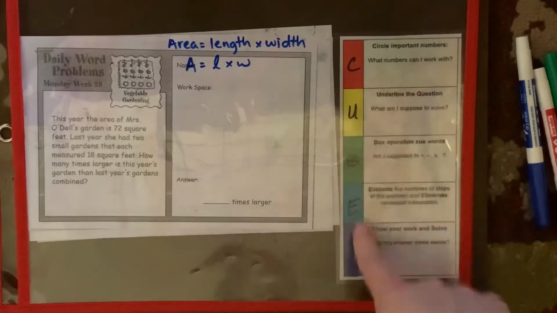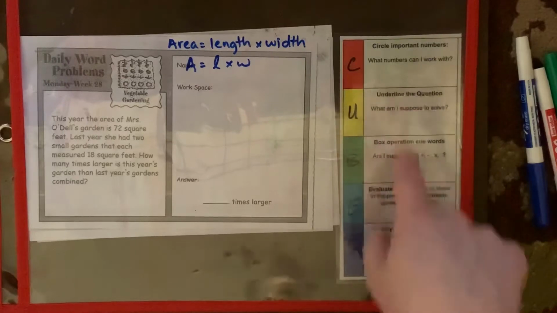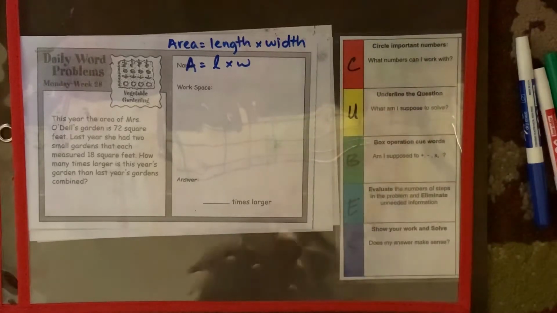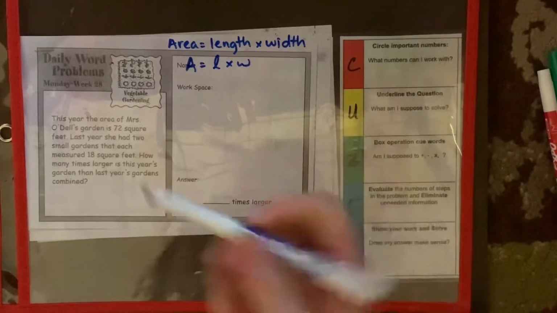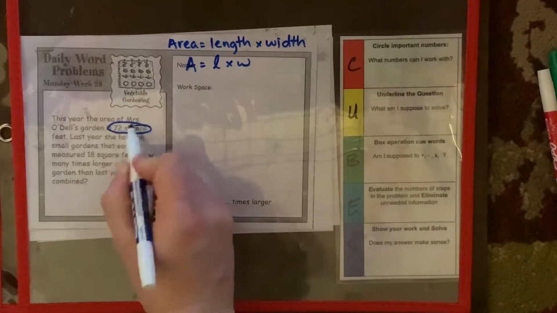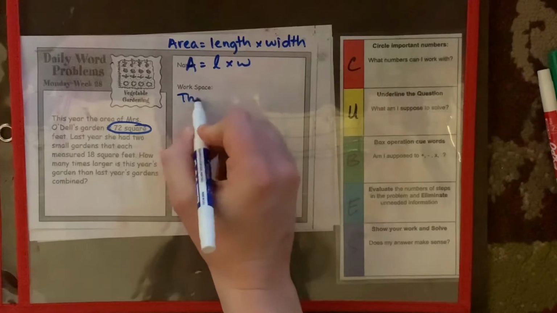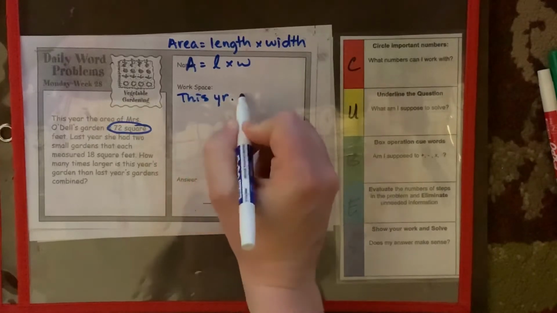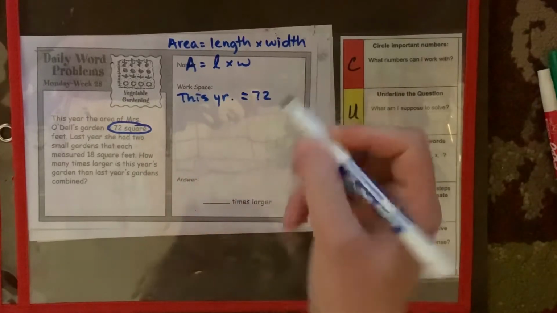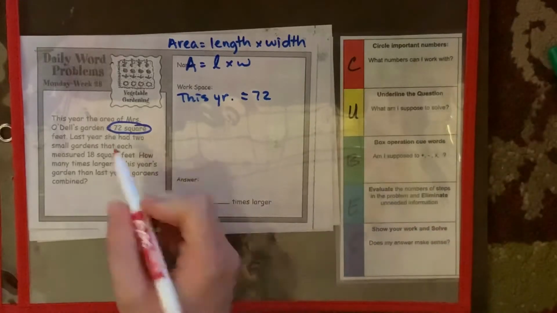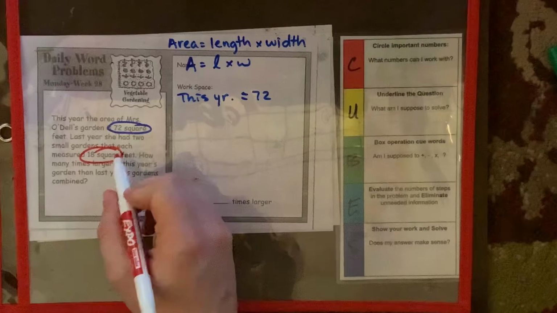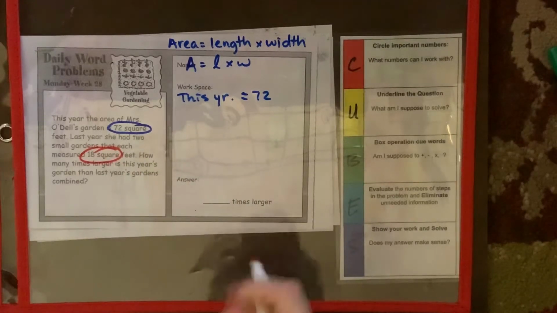So if we're looking at our cubes helper on the side, C stands for what numbers can I work with? So our first number is this year's garden is 72 square feet. So this year equals 72. And last year she had 2 gardens that she combined that measured 18 square feet.